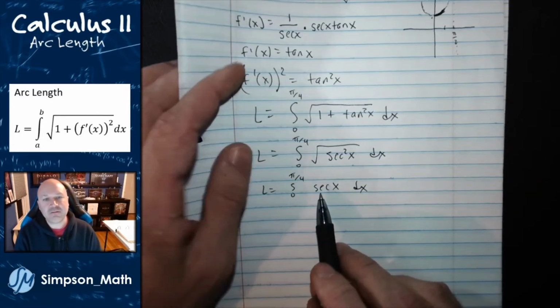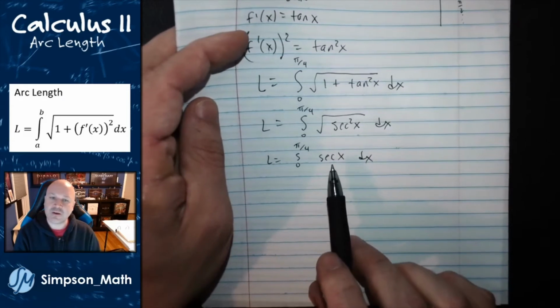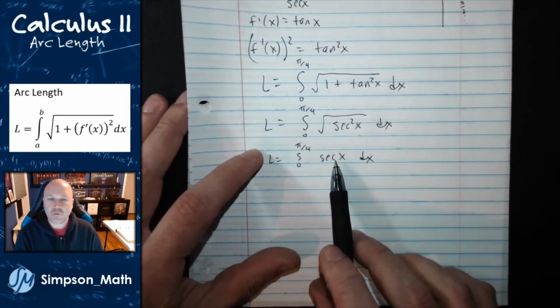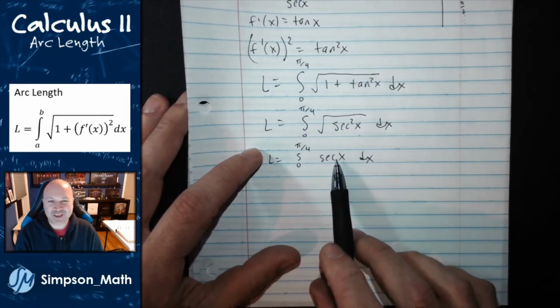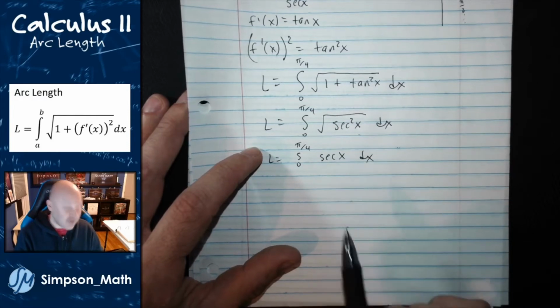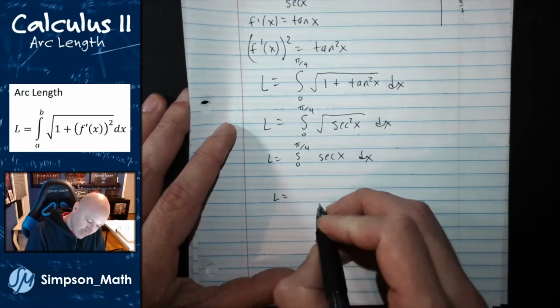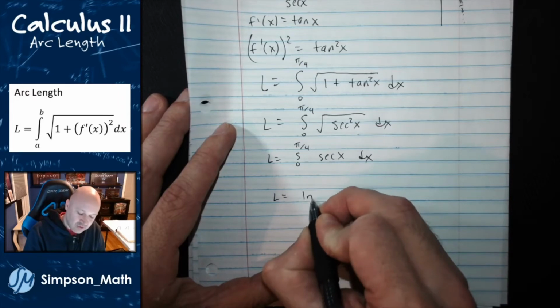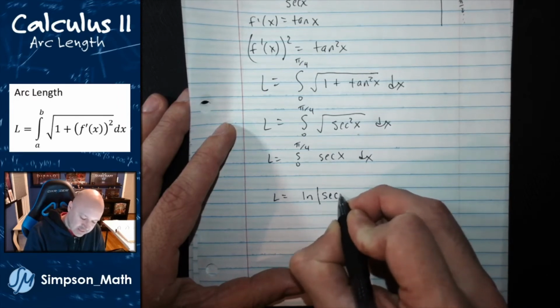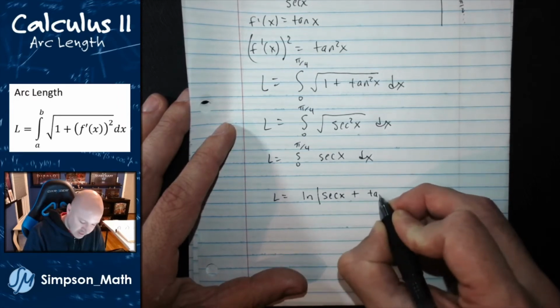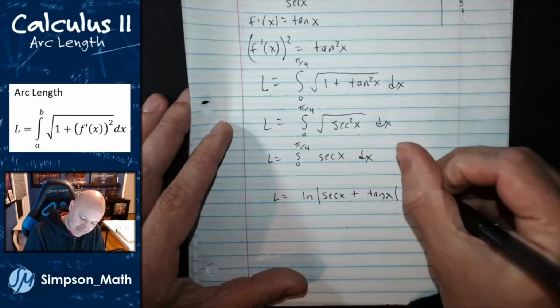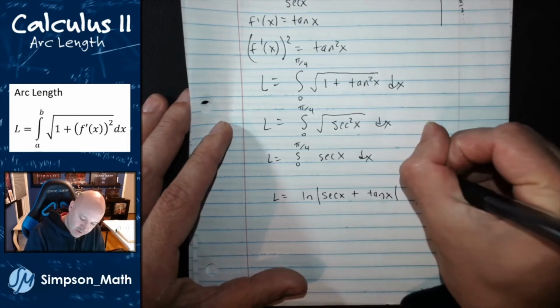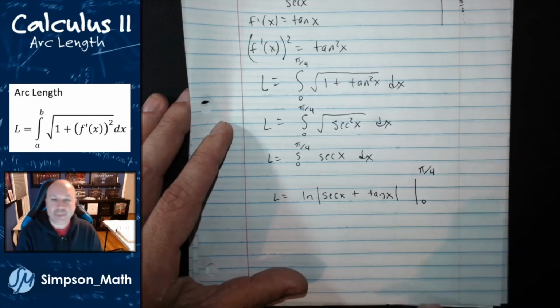The integral of secant, we struggled with this at the beginning of Calculus 2, but I think we called it like a banana rule, and we have, do you remember? It is the natural log of secant x plus tangent x. And I need to evaluate that still from 0 to pi fourths.